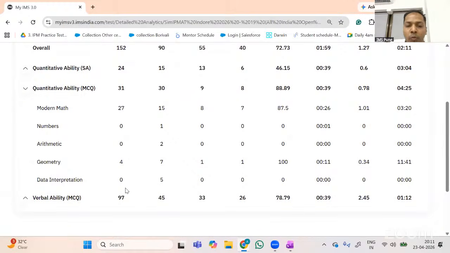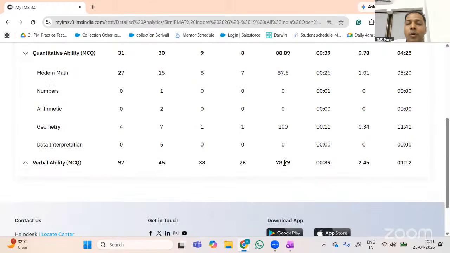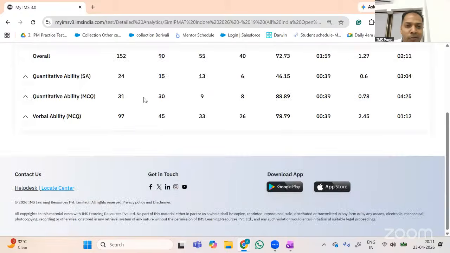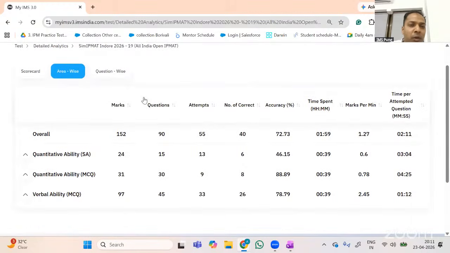And I wouldn't comment too much about the verbal ability section. Although my accuracy was decent, I should have attempted more. But that is something which I am not an expert in. I am a QA mentor, so I don't solve a lot of VA or practice a lot of VA. So that was expected.